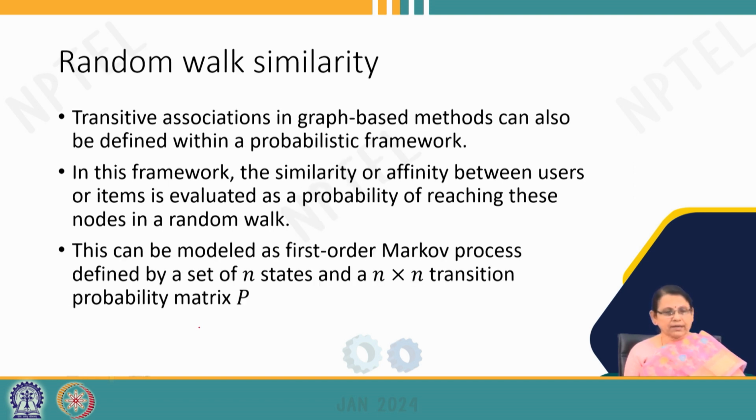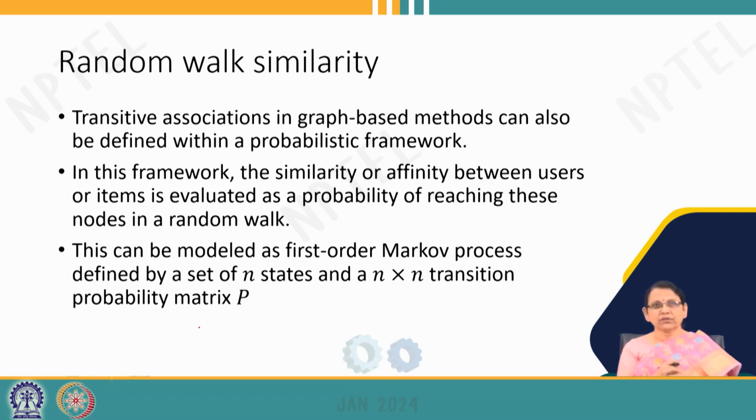Random walk based similarity. In case of random walk based similarity, the movement within the graph is modeled as a first order Markov process. In a Markov process, the transition takes place from one node to the other. Looking at these transitions, how you can go from one user to the other or one item to the other, or in the movement in the bipartite network, we can construct a transition probability matrix.